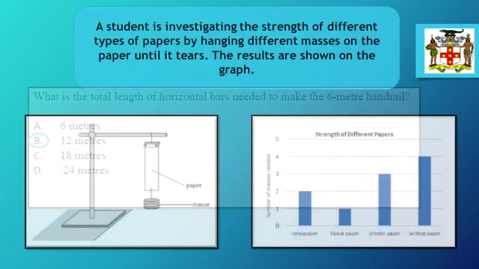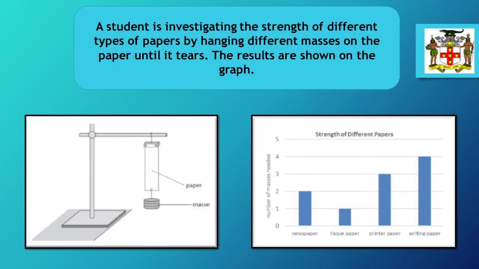A student is investigating the strength of different types of papers, and they're doing this by hanging different masses on the paper until it tears, and you can see that in the diagram. Now they're showing their results on a graph, and based on the graph, we can determine which paper is strongest.